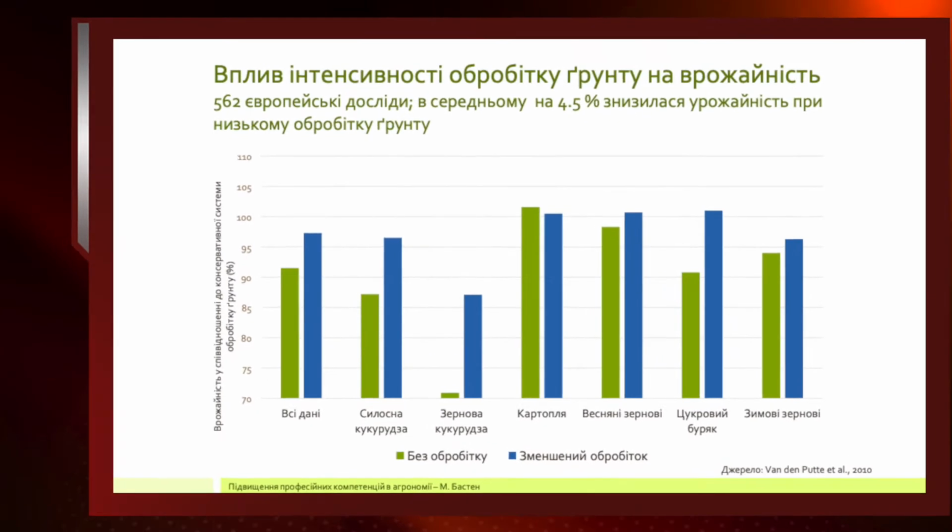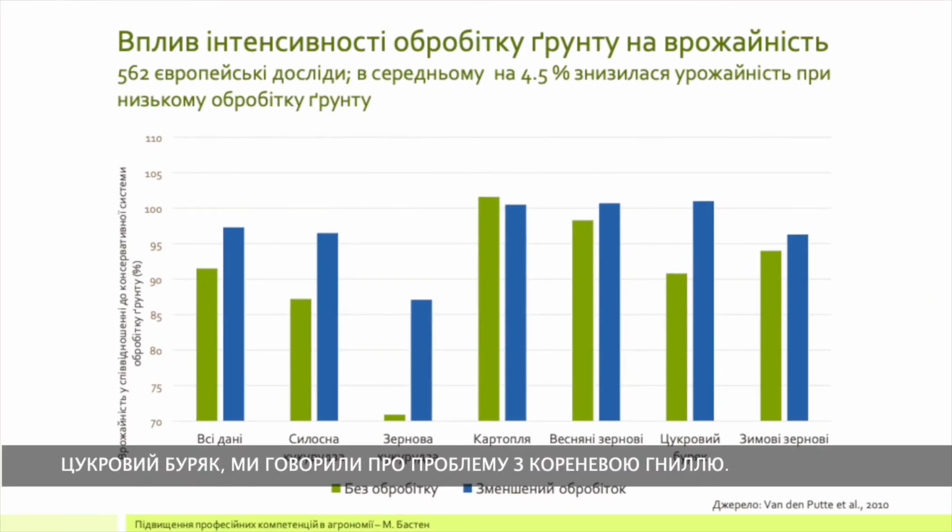Surprisingly, also sugar beet with reduced tillage performs the same or even a bit higher than with conventional tillage. And with winter cereals, we have a small decrease in yield compared to conventional tillage. For sugar beet, we talked about the problem with root rot.